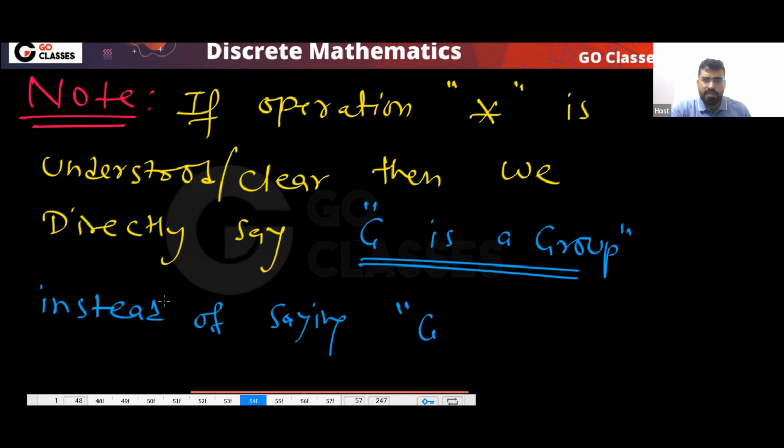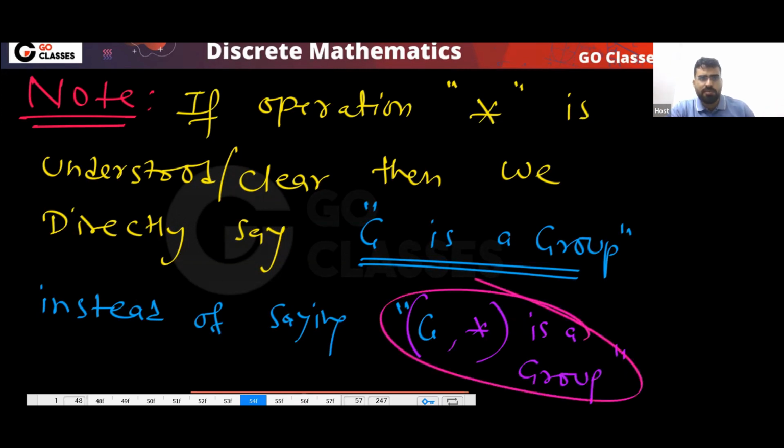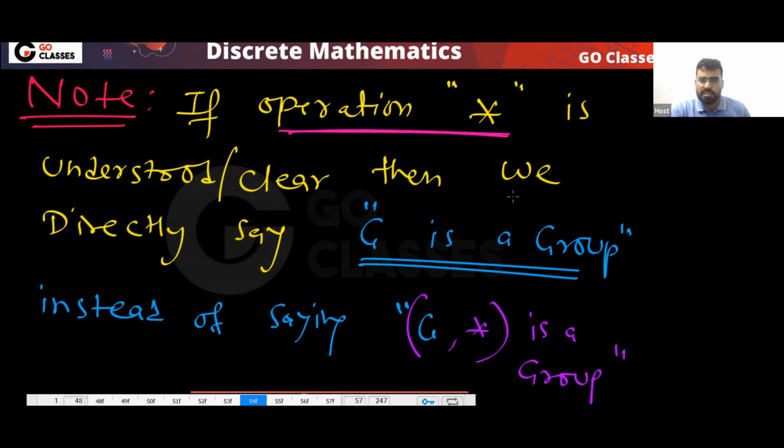So if the operation is clear, we don't have to say the longer statement. We can directly say G is a group.